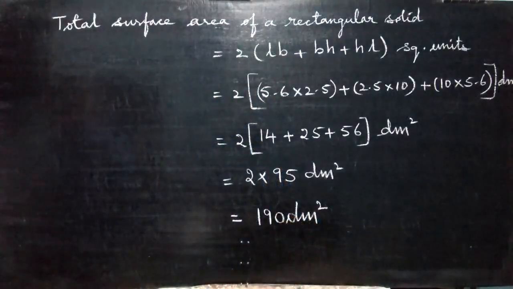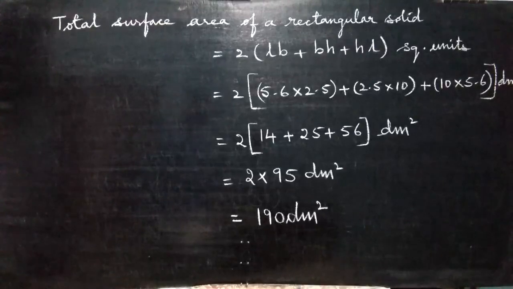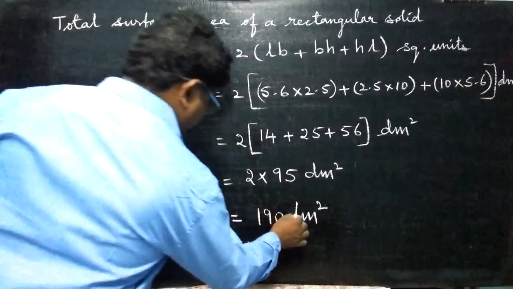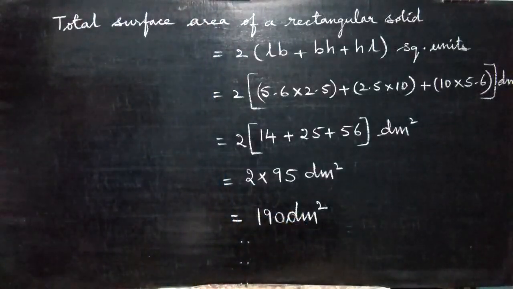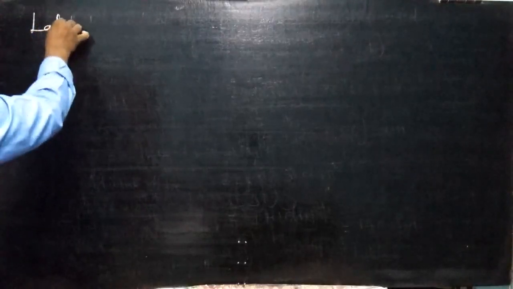What is the total surface area? 190 decimeter square. Write clearly.